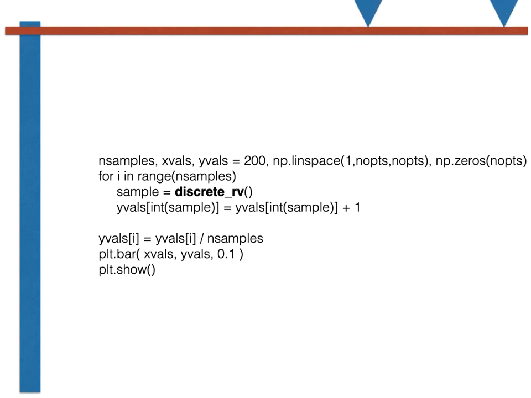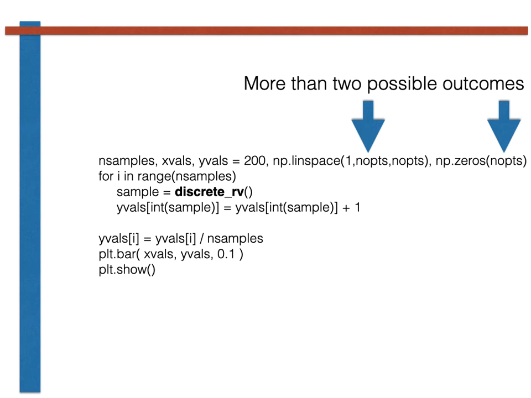You just need to ensure that the arrays you create on the first line to hold what will be plotted on the x and y axis of your graph are large enough to deal with the full set of values that the random variable can take. If the random variable can take an infinite number of values, you just use a reasonably large number for n opts here, safe in the knowledge that the experiment is unlikely to return numbers that are larger than some large quantity.